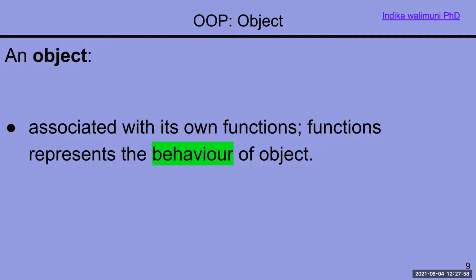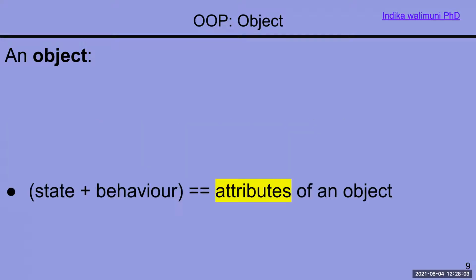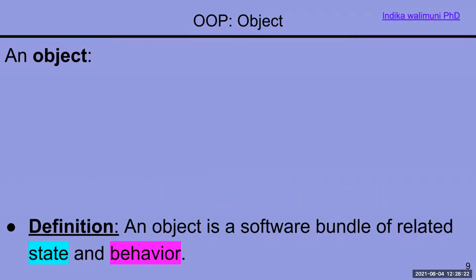Okay, so any object is associated with its own functions. Commonly, state and behavior together, we call them attributes of an object. Another name is members, specifically in programming. Okay, so the definition of a software object is that a software object is a bundle of related state and behavior.